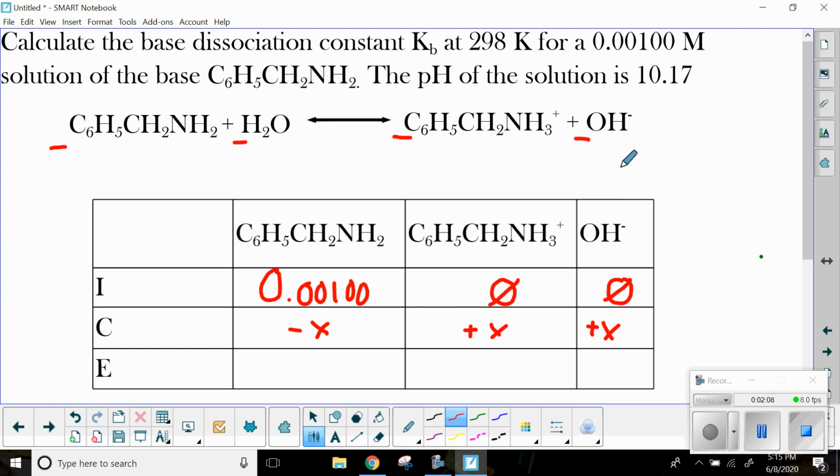And so I need another piece to the puzzle, and that's going to come in the pH of this solution. Now, unlike the last example, there's one more step we have to do with this. We have to remember we're calculating Kb, and Kb is your base dissociation constant. So we can't use pH, we have to use its brother pOH.